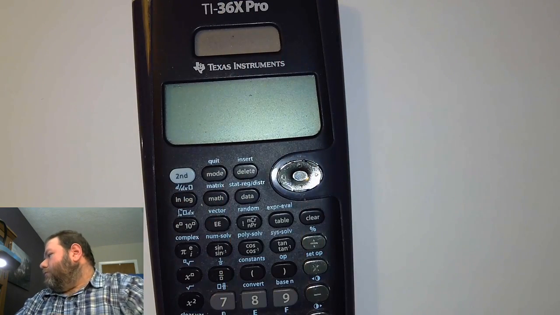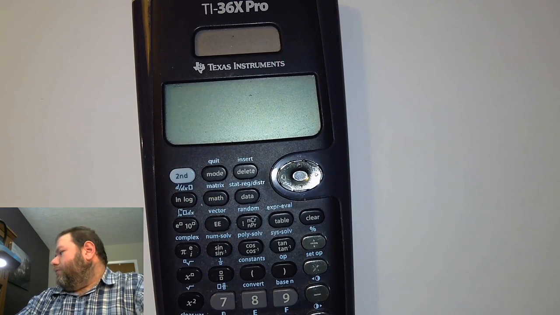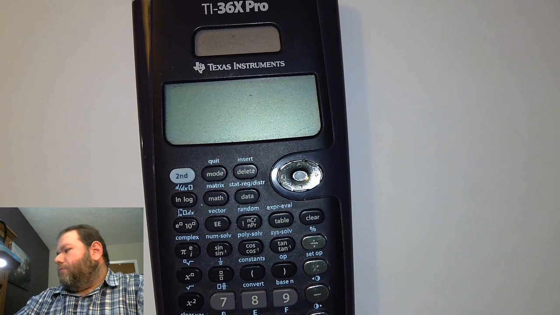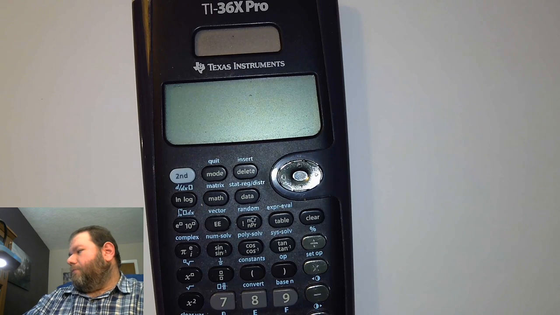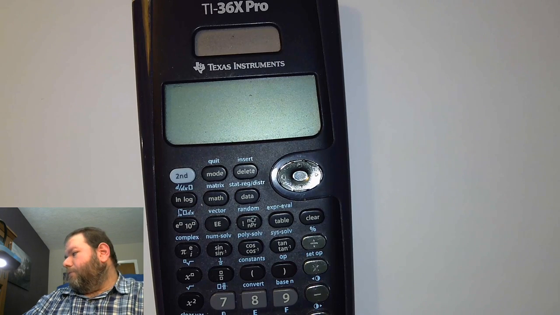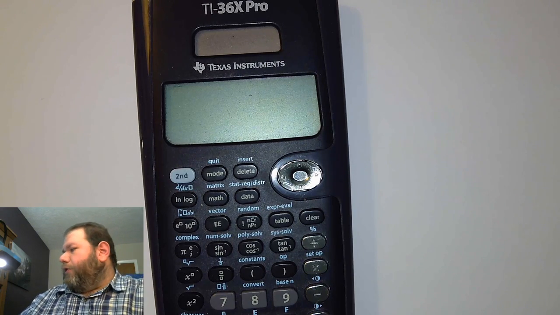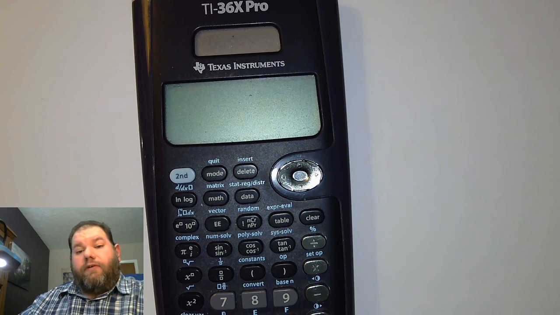Sure. What are you trying to do on your calculator? When you divide, does it write it as a fraction still?